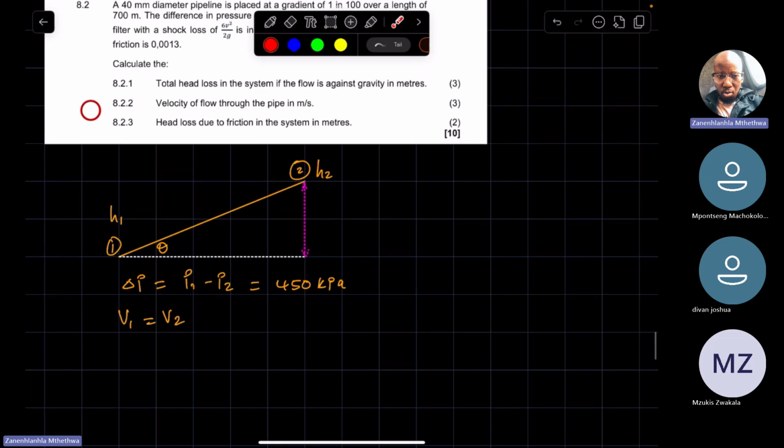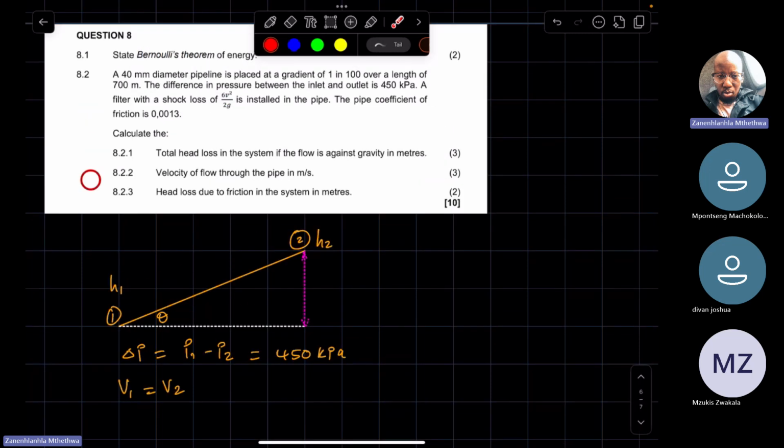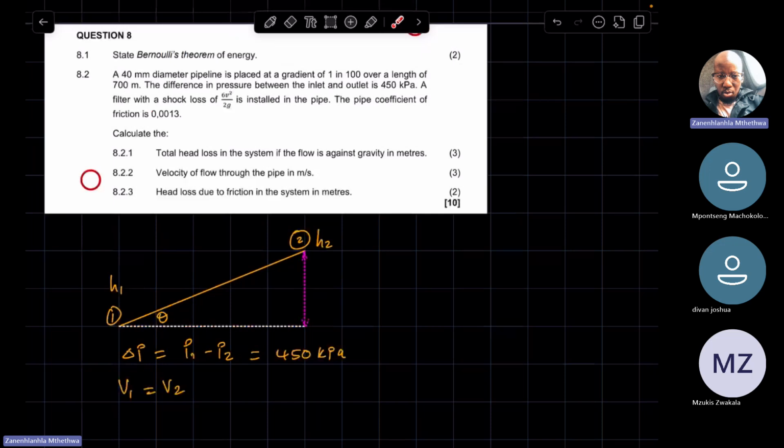You have H1 and then you have H2, right? Now, we haven't been given H1, nor have we been given H2, right? But we'll be able to calculate H2, looking at the schematic illustration of the problem statement. The schematic illustration tells us that the pipe, seeing that the pipe is at a gradient, it means the pipe is at an angle, theta. Right, so we can work out H2, assuming that H1 is at the ground, hence equal to 0.